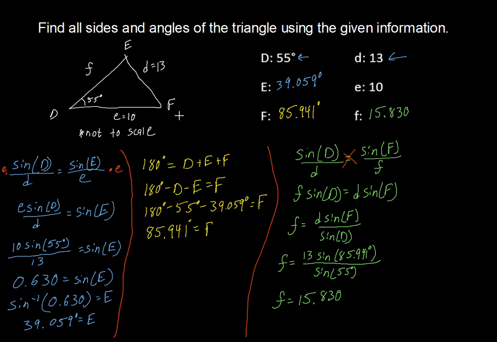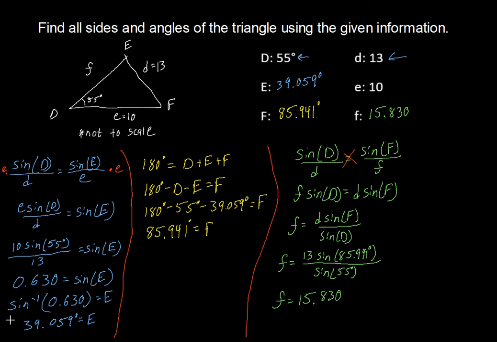The last thing I need to point out about the law of sines is we did take the inverse sine at some point. So you need to be careful anytime you're taking an inverse sine. Because of those restrictions that the calculator puts on inverse or arc trig functions, anytime you take the inverse sine of something, you run the risk of taking the inverse sine of an angle that's greater than 90.